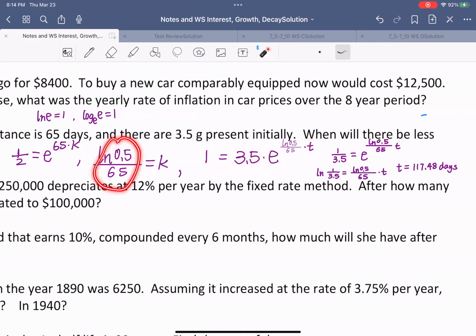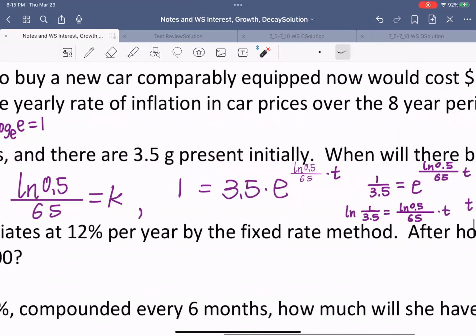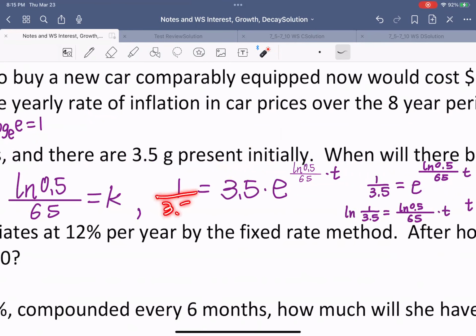You have this decay coefficient. So you put it here, and you use this to calculate the t. Make sense? Yes. And then you divide this by 3.5. So you have ln of this equals the same thing here. 1 divided by 3.5 equals this.